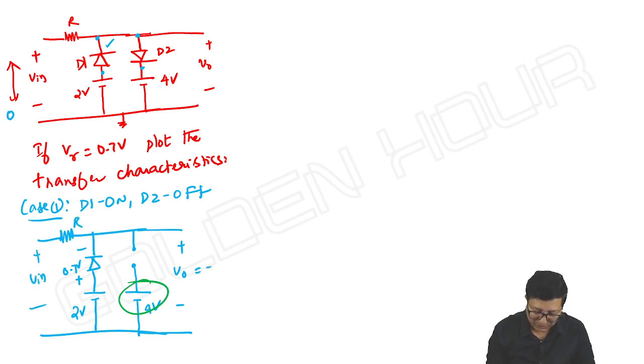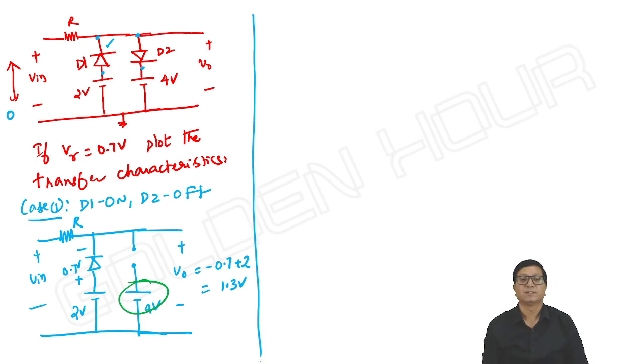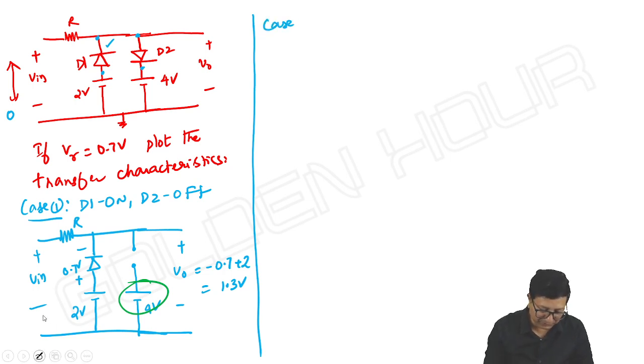If I take the output, it is minus 0.7 plus 2, which is equal to 1.3 volts. Case 1: instead of 2 volts, the output is 1.3 volts. Next, case 2. How long is this possible?